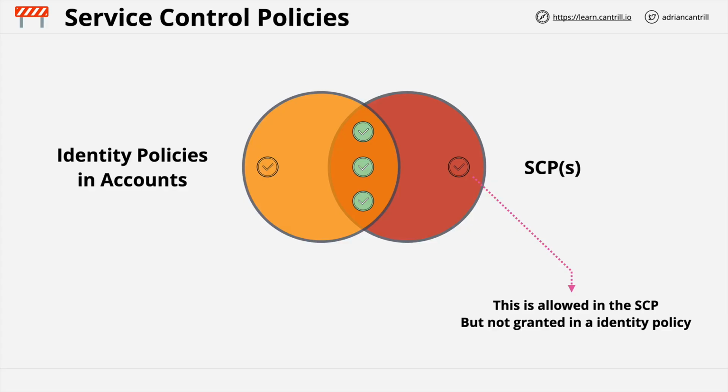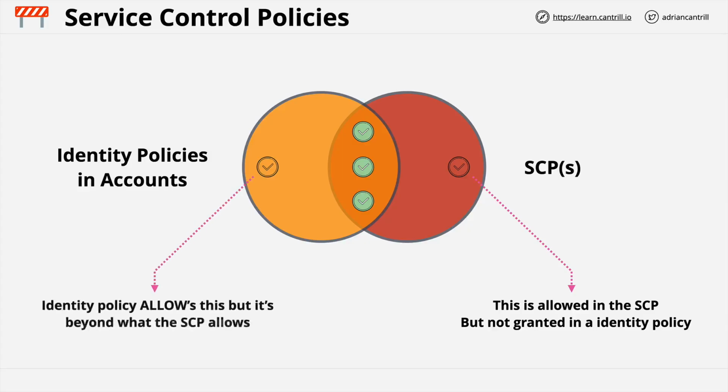Because no identity policy allows access to this resource, it has no effect. On the left, this particular access permission is allowed within an identity policy, but it's not effectively allowed because it's not allowed within an SCP. So only things which are in both the identity policy and an SCP are actually allowed. In this case, this particular access permission on the left has no effect because it's not within a service control policy, so it's denied.